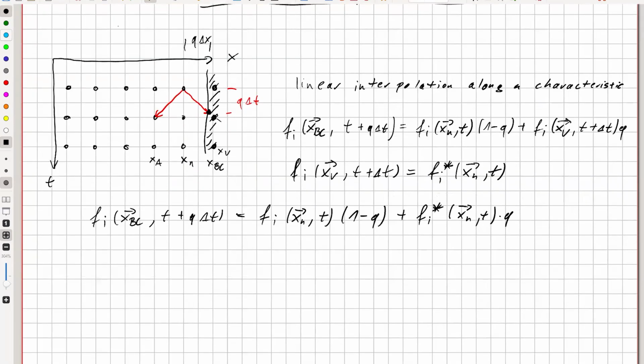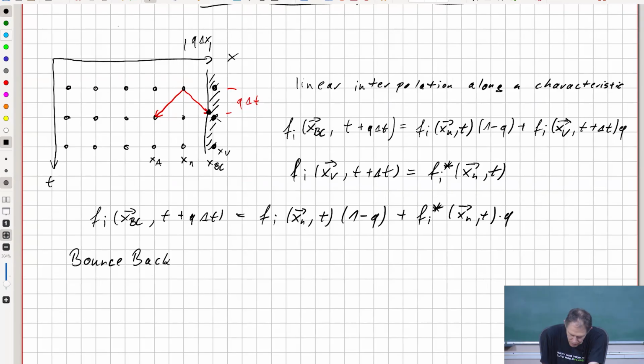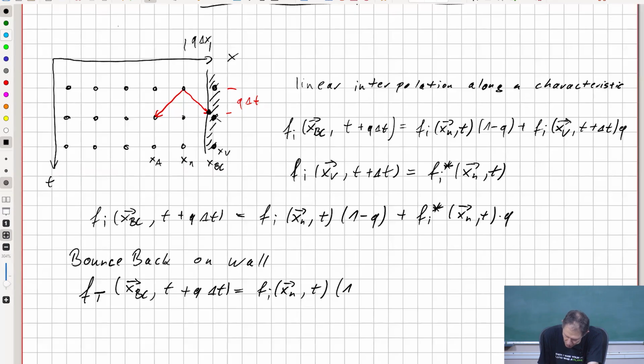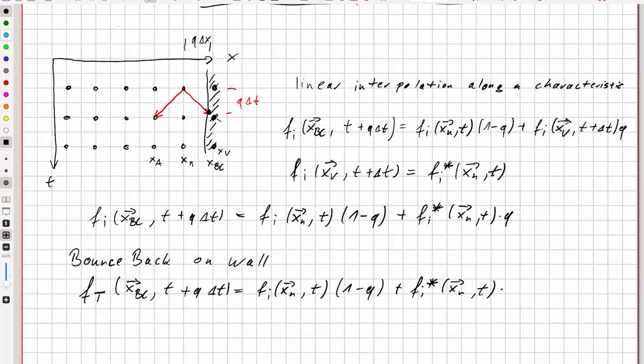Bounce back on the wall means that this Fi over bar, the one that is now coming in the opposite direction, at xbc of t plus q delta t is just the same thing: Fi xn and t times 1 minus q plus Fi after collision xn and t times q.